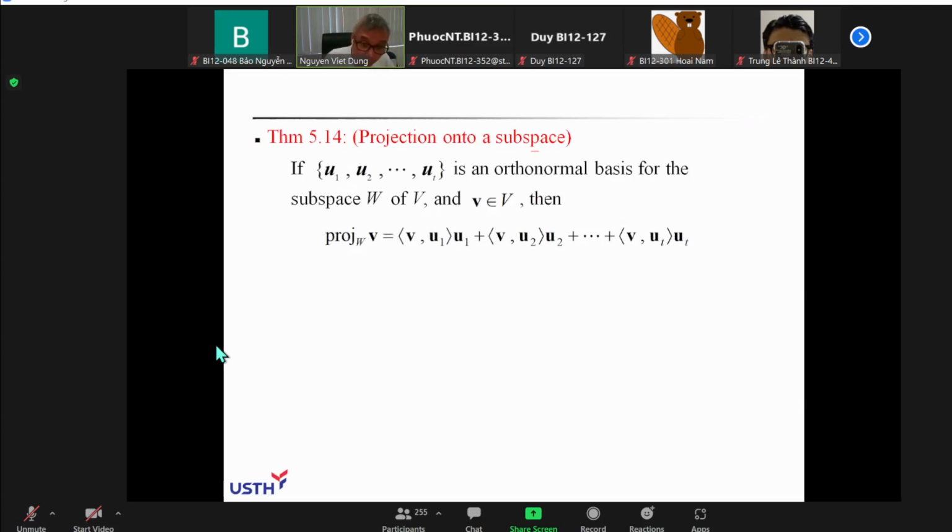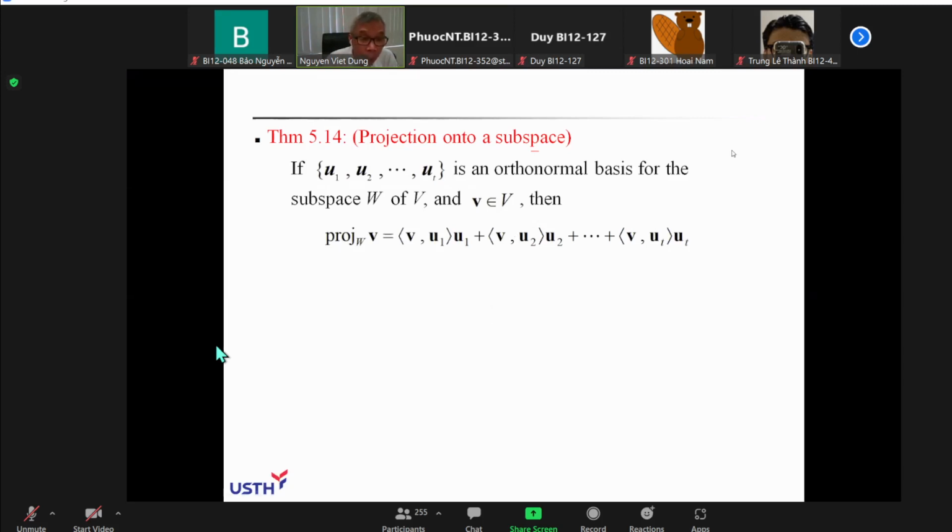The next slide shows you the formula for finding the orthogonal projection of a vector on a subspace. We know the definition already, how we can define the orthogonal projection of any vector on a subspace. But now, in case the subspace is given together with an orthonormal basis, it is very easy to write down the formula.